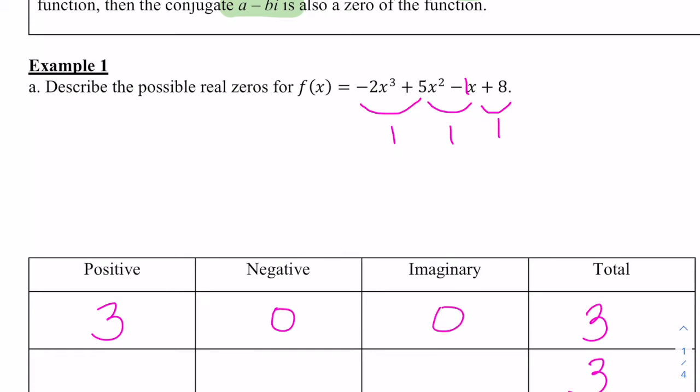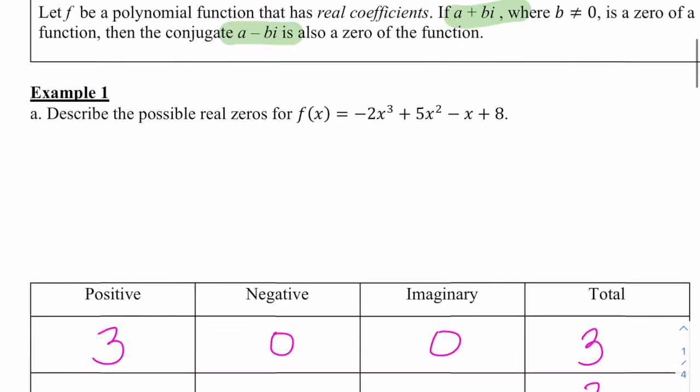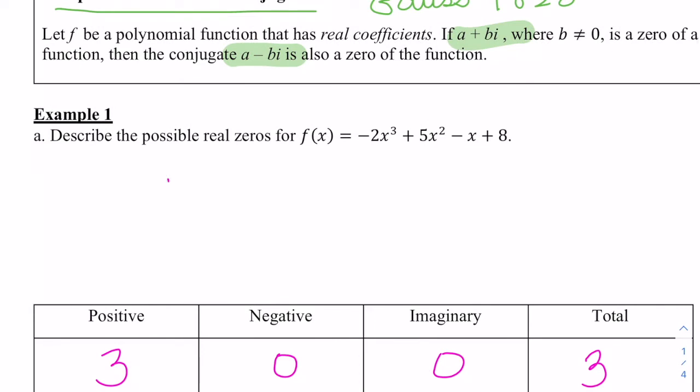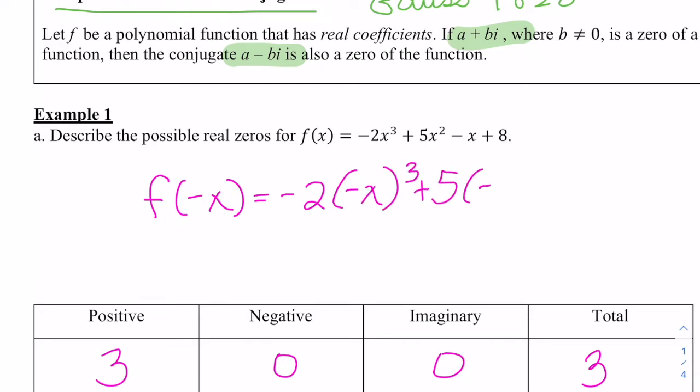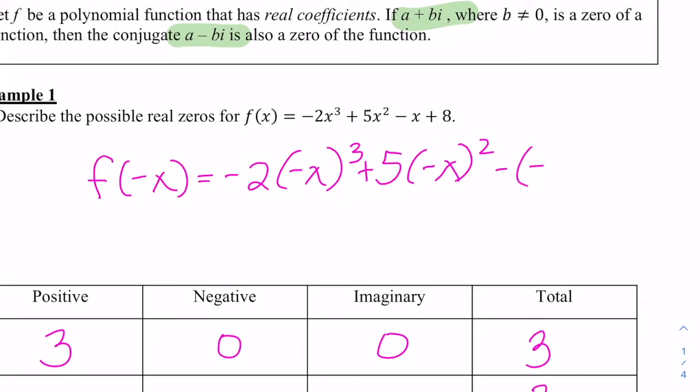Okay, let's consider the negatives. When I substitute with negative x, I'm going to plug in negative x wherever I see x, and you can probably see pretty quickly that signs are going to change.